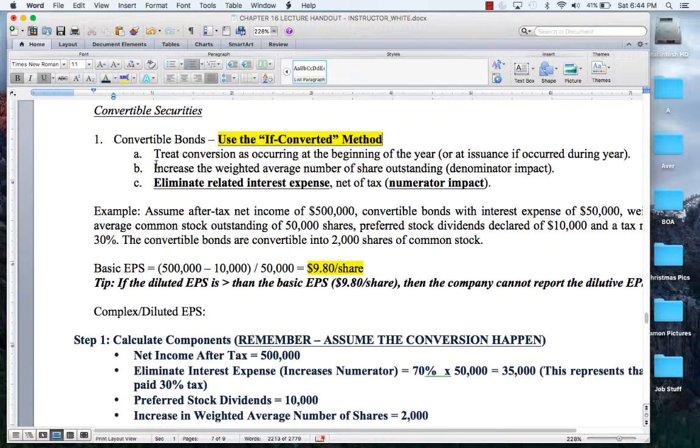Then you will also need to eliminate the related interest expense net of tax. That is the numerator impact, and that is because you are converting from bonds on which you were paying interest, and the fact that they are now transferring to the common shares outstanding.